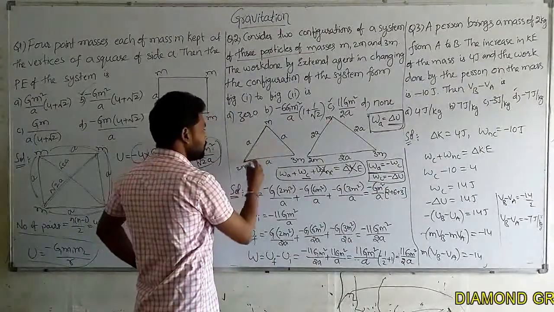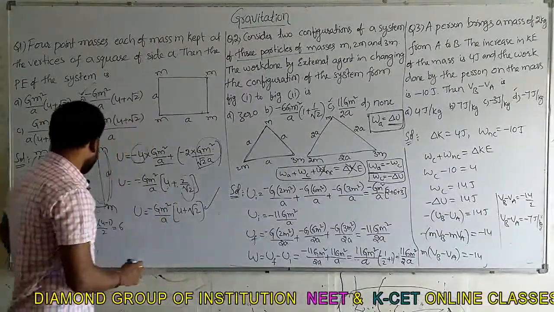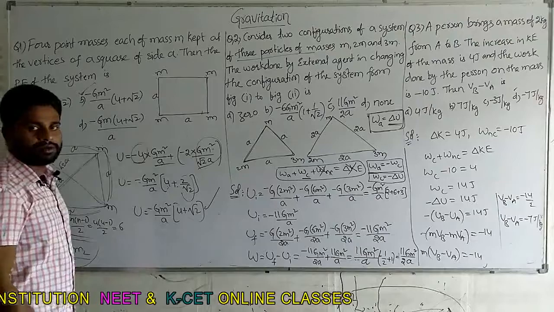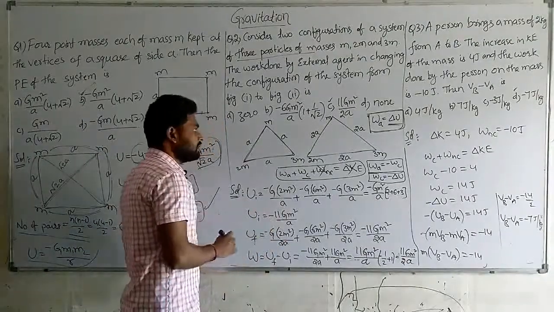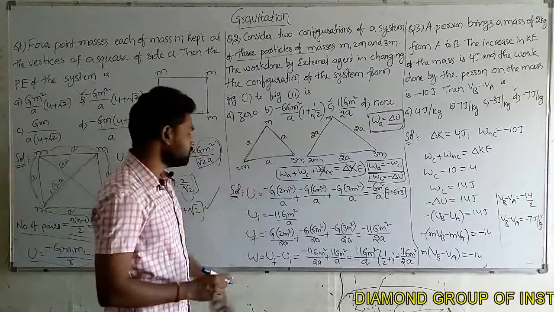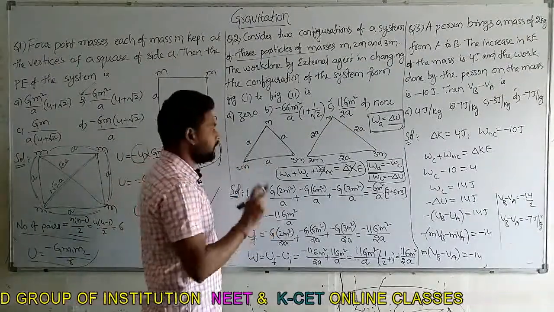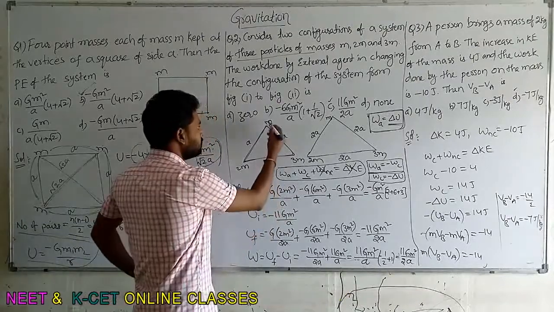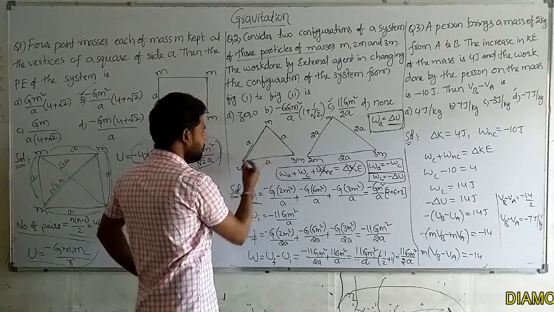Now see the first configuration. How many mass particles are there? 3 particles. How many pairs will form? n into n minus 1 by 2, 3 into 3 minus 1 by 2, we will get 3 pairs. Here the masses are not the same. So potential energy equal to minus G into M1 M2 by R. M into 2M, 2M square by R, which is a.